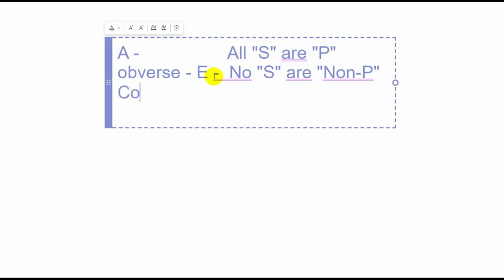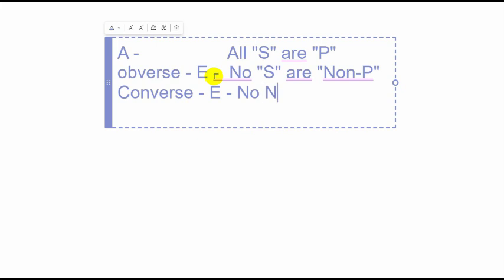Now we have to do converse again. The converse of E is E itself. So it will be no, and the subject and the predicate will get replaced.